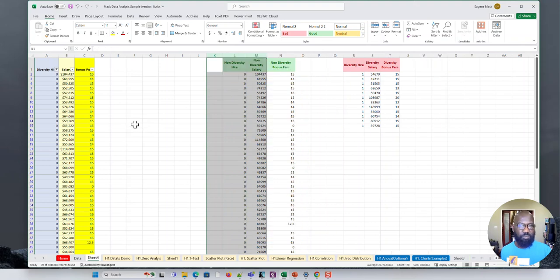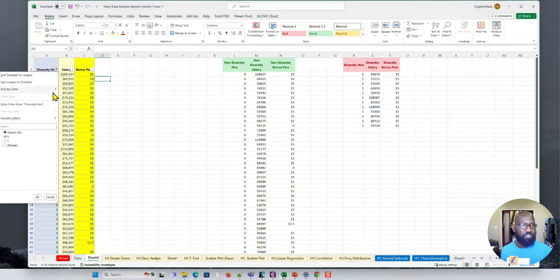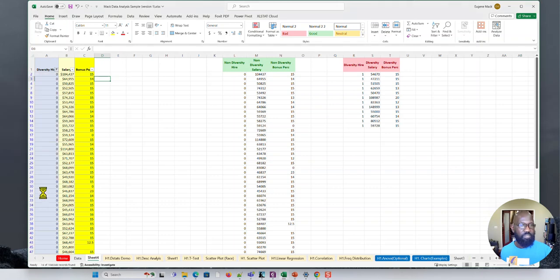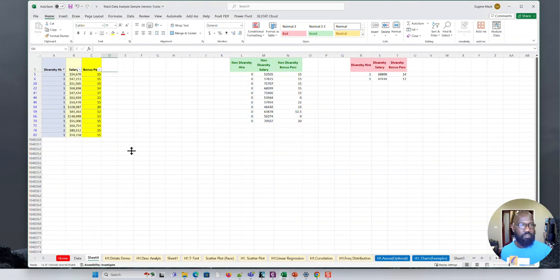Likewise, you would do the same thing with your diversity hires. Simply deselect 0, no blanks, select 1, and this will give you your list of diversity hires. You're going to do the same thing. You're going to copy and paste.